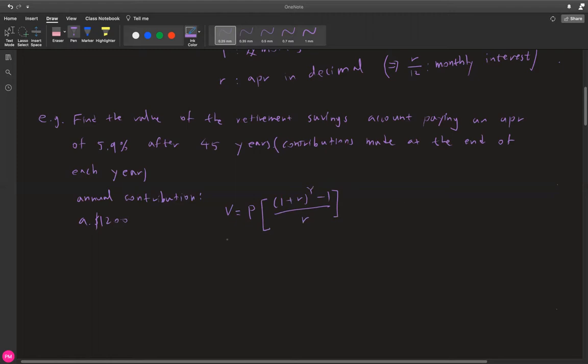So here in this problem, we can see that the P is given as $1,200. R, which is APR in decimal, should be 0.059. And the total number of years is 45 years.